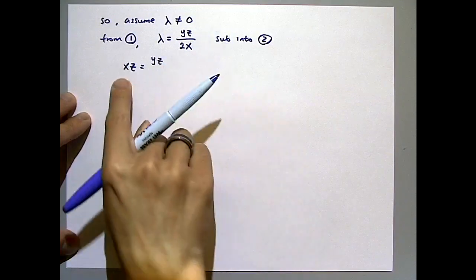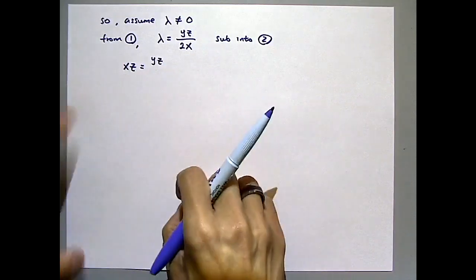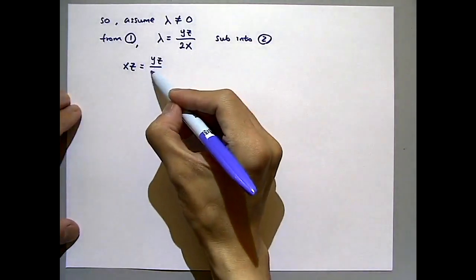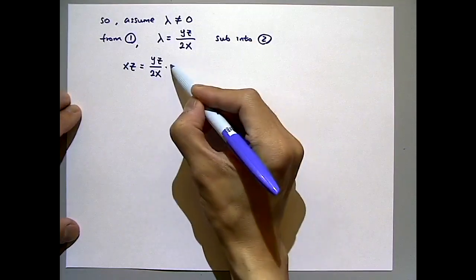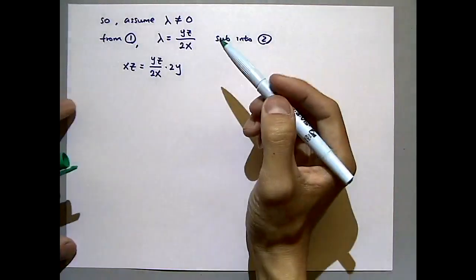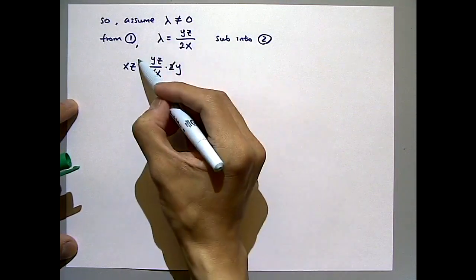The second equation says xz is equal to lambda times 2y. We can eliminate the 2. We can eliminate the z.